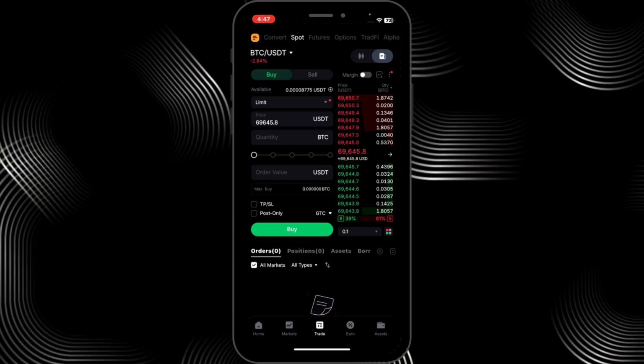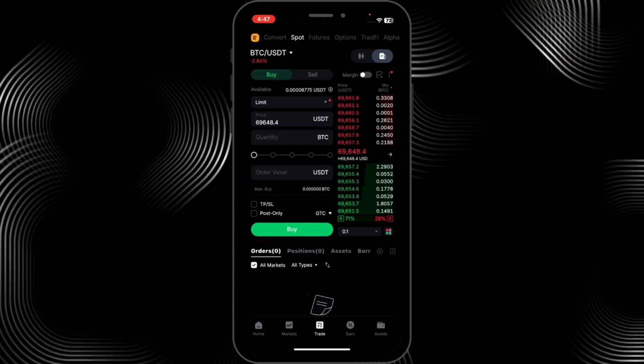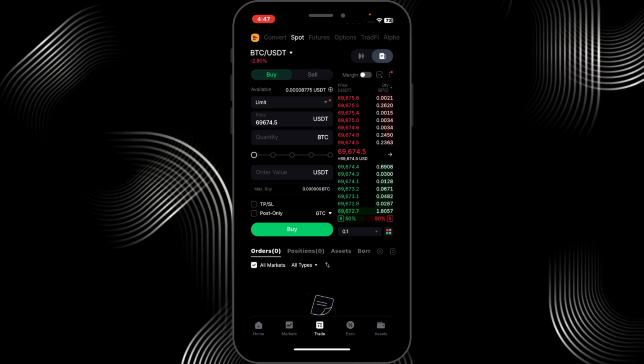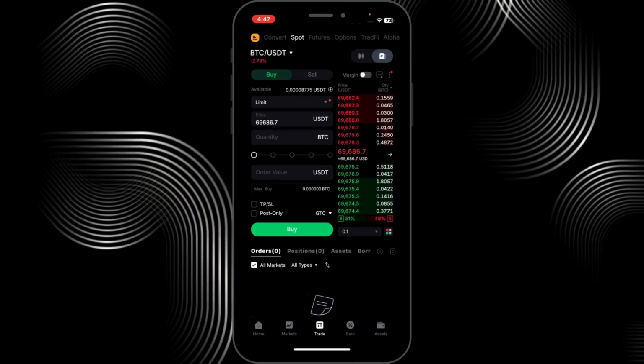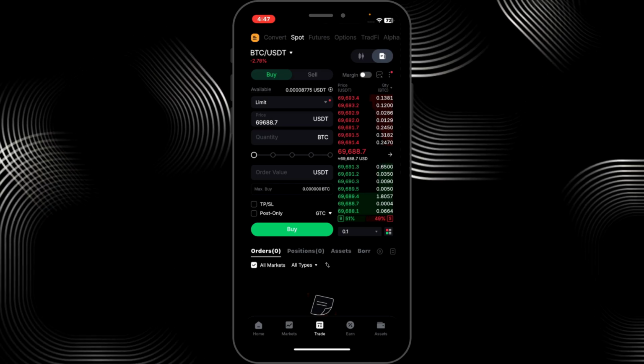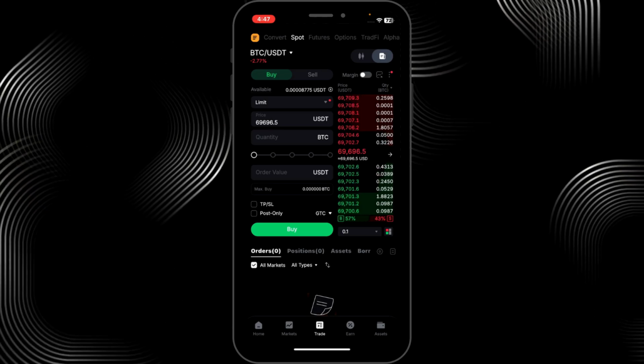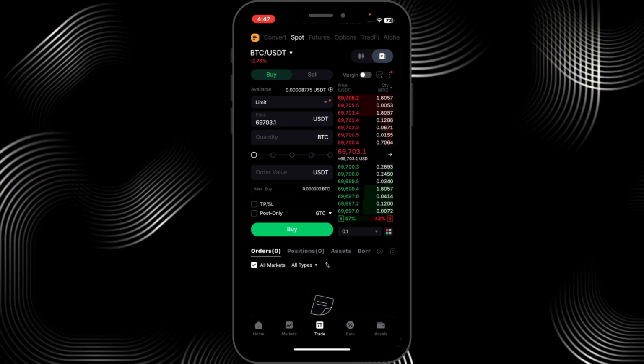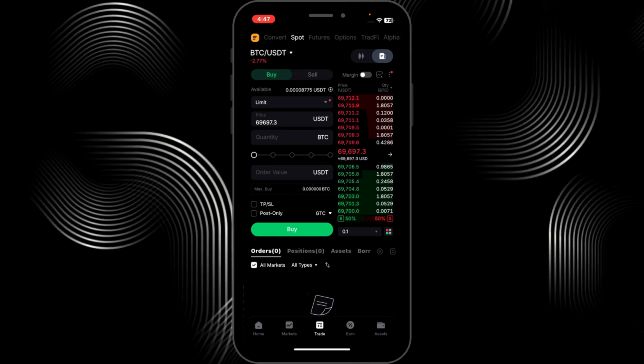Don't worry, it won't take complicated steps. All you gotta do is search, and then you're gonna see Trade at the bottom middle if you get lost. Now select the amount in Bitcoin or USDT.